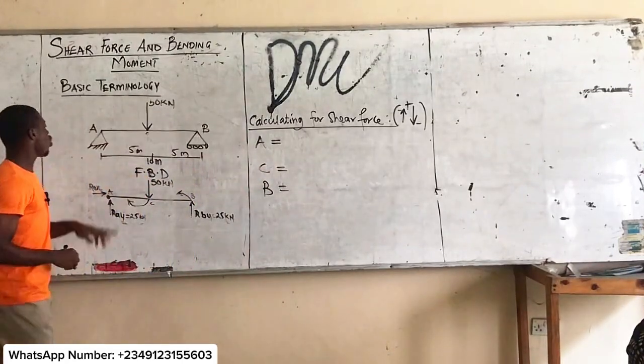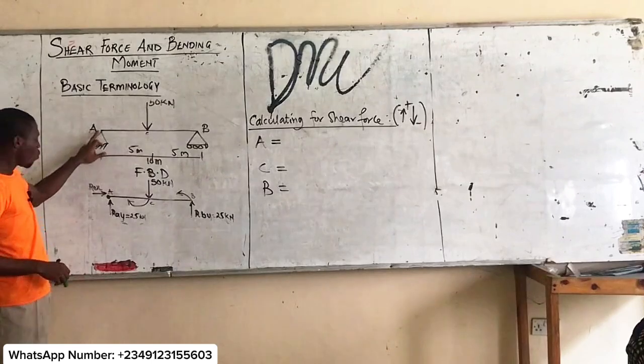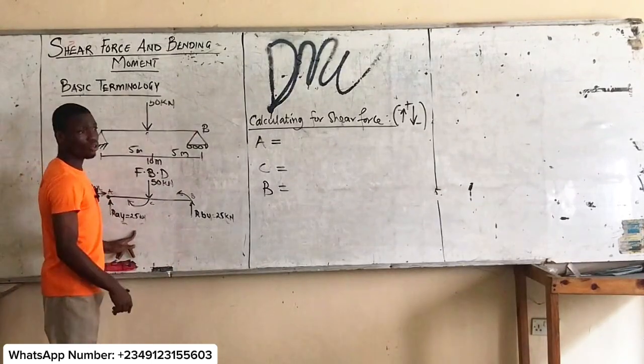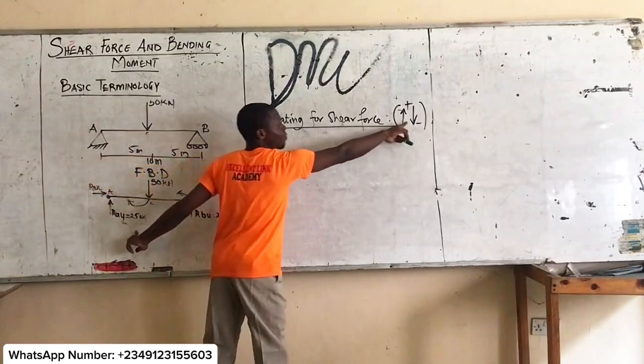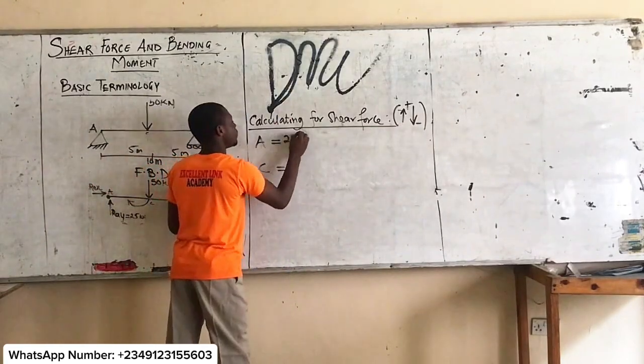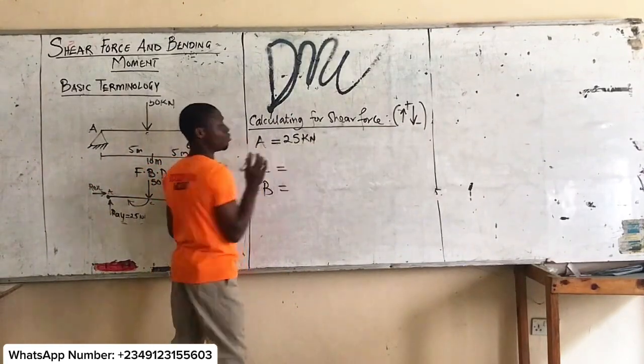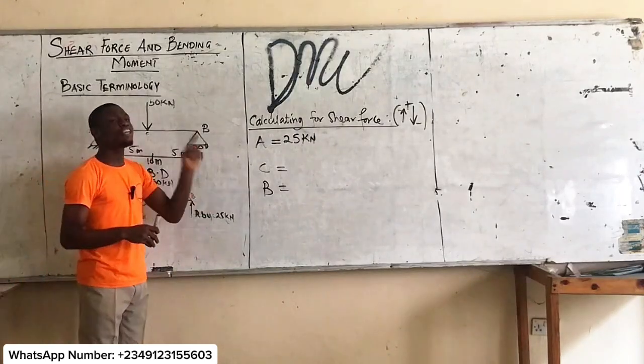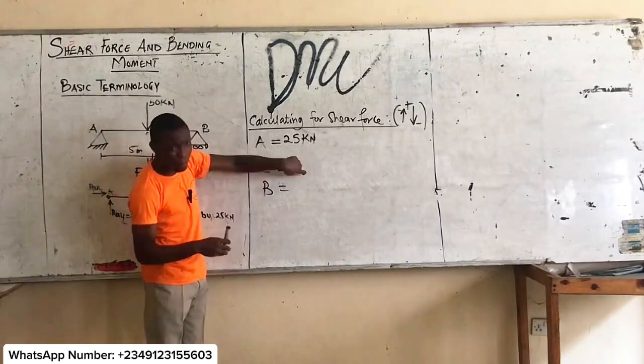Your first is that consider your point A. What's your RA? Is it going up or downward? Upward, that's 25 kilonewton. I'm done for point A. For point C now, for shear force, repeat what you are having down back.